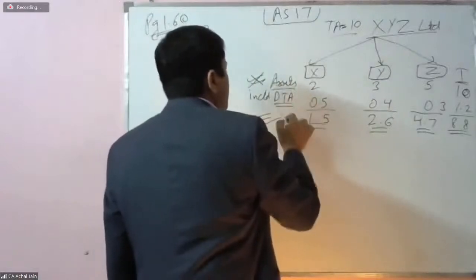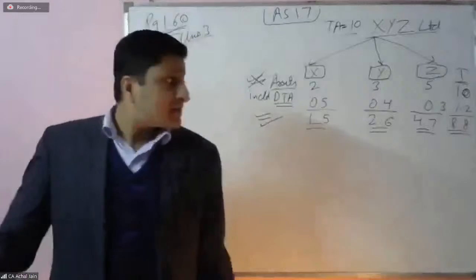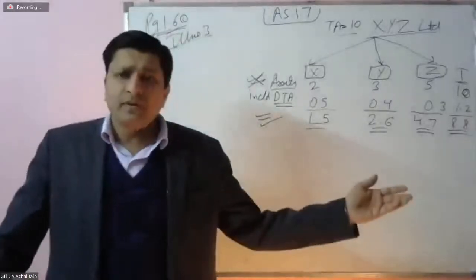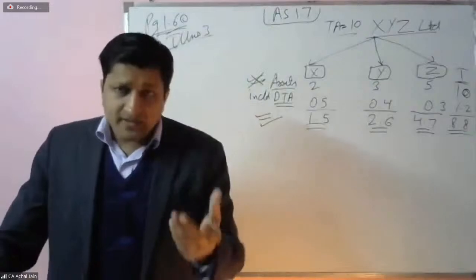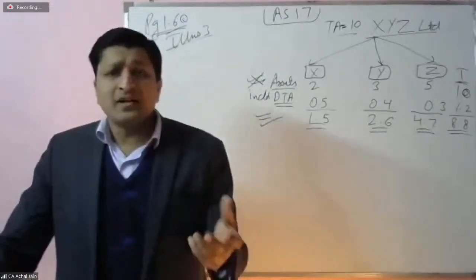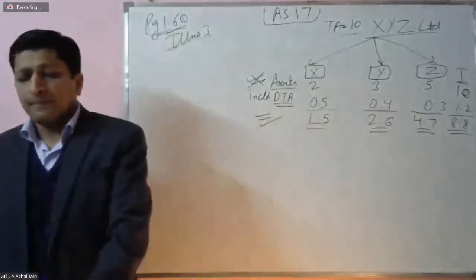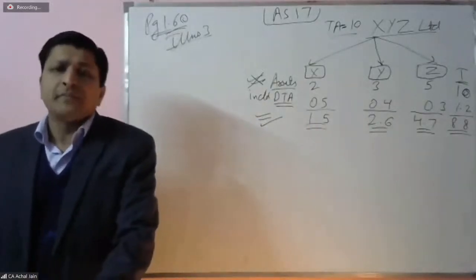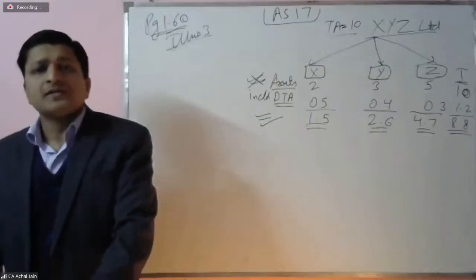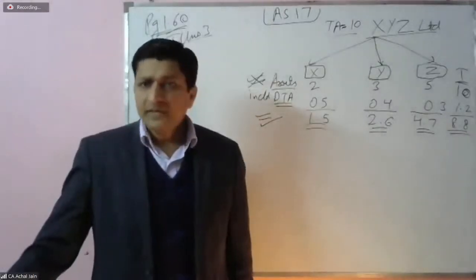We will be considering this. Clear? And if we consider this, then it's clearly visible that the amount of assets of every segment is greater than 10% of the total assets. That's why all the segments over here will become reportable segments. Clear on this?